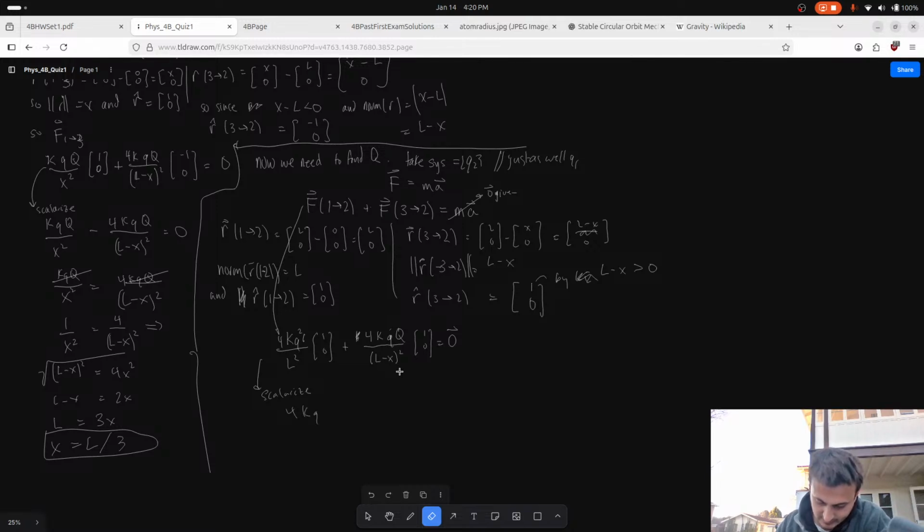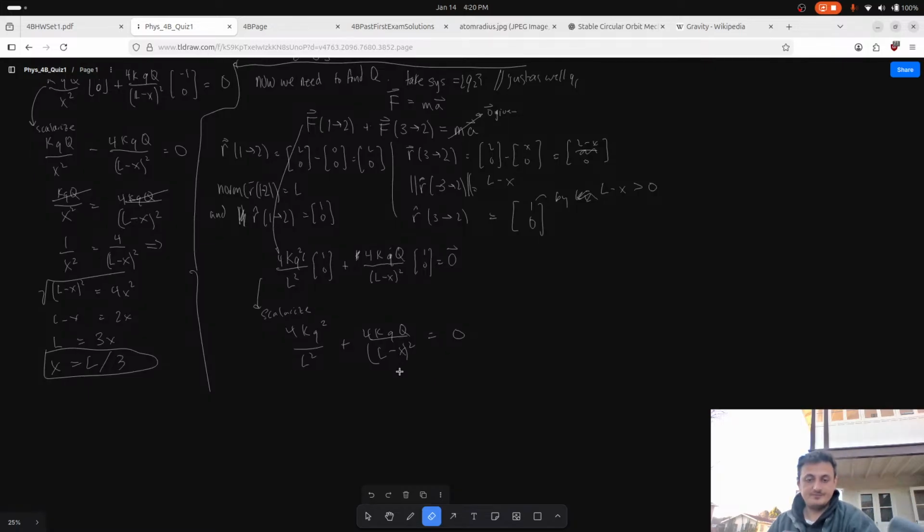4KQ squared over L squared plus 4KQ squared over L minus X squared is equal to 0. So now it's scalarized, it's just a scalar equation. The first thing we're going to do is cancel some stuff, the 4KQ.